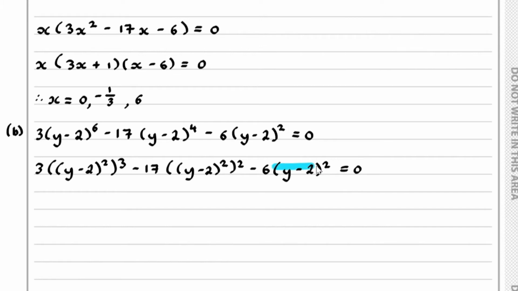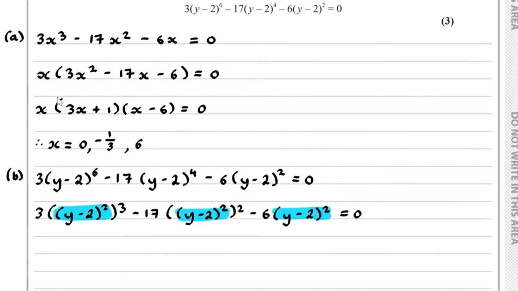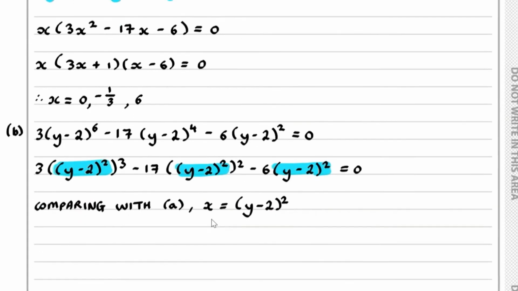What we have done here is rewrite everything in terms of y minus 2 all squared. The reason for this is because if we compare with what we have in our original equation, comparing with part A, we can see x is equal to y minus 2 all squared.